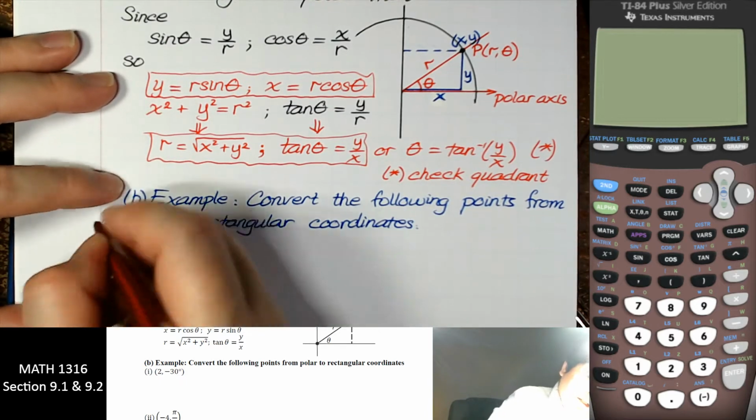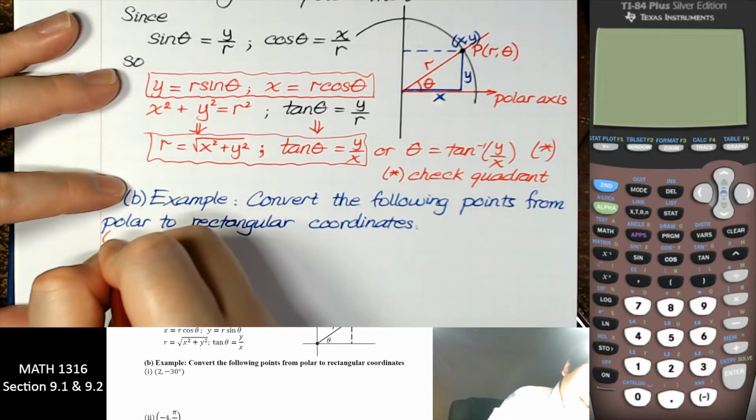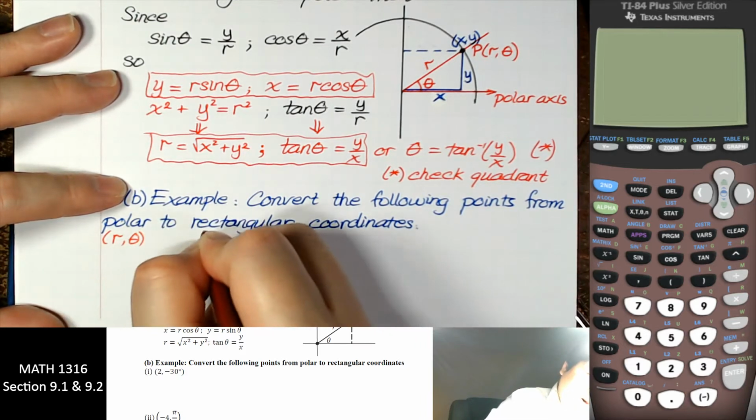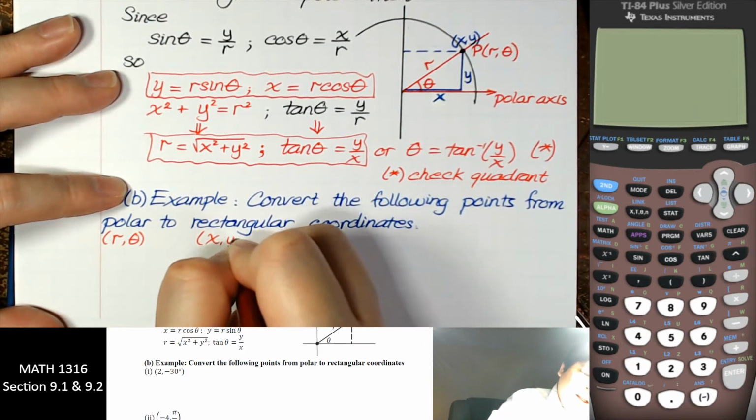Polar coordinates have r and theta. Rectangular coordinates have x and y.